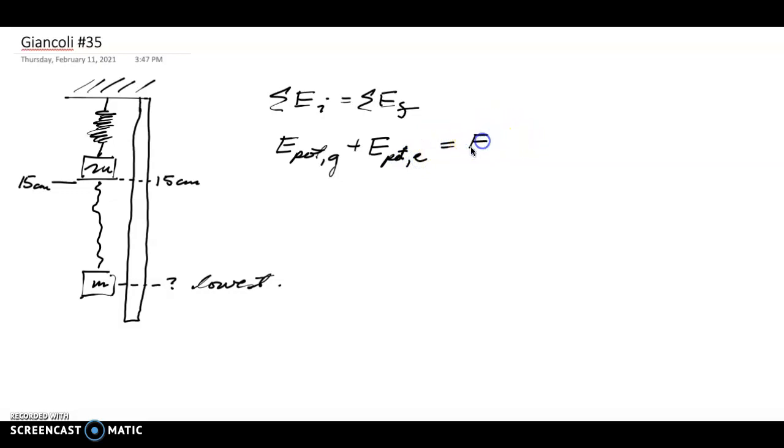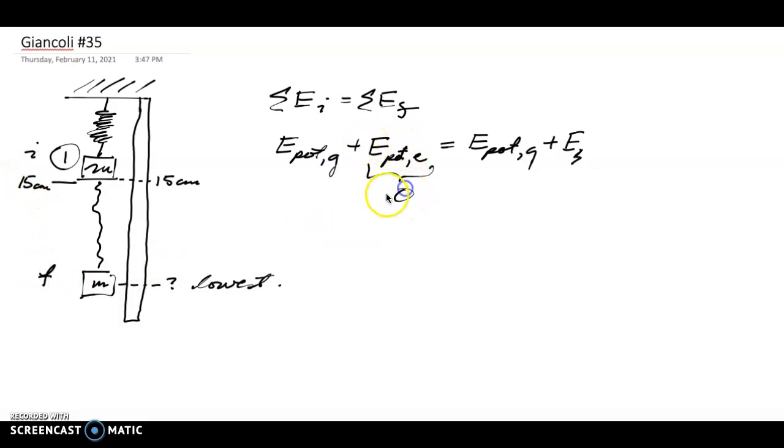And then you have energy potential due to gravity in the final, plus the spring. I'm going to write the elastic, because there's nothing happening at the top. So phase one is your initial situation, and this is your final situation.